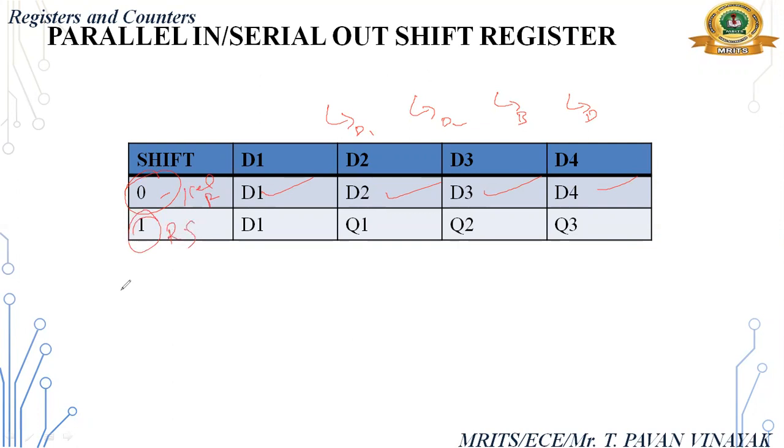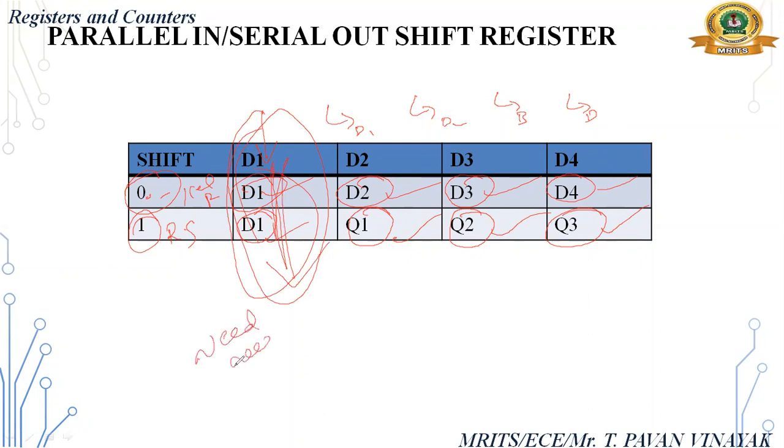For right shift, what are the inputs? D1, Q1, Q2, Q3, right? These are the inputs of the flip-flops. For parallel, these are the inputs of the flip-flops. So for the first flip-flop, the input is always D1.